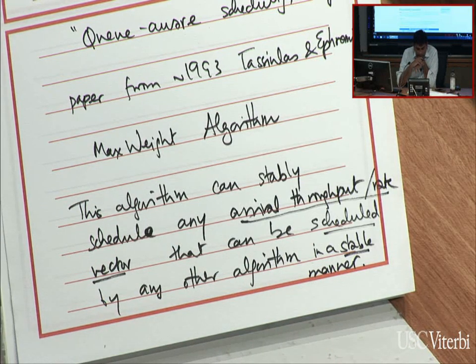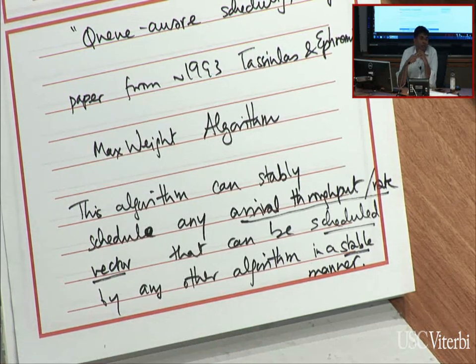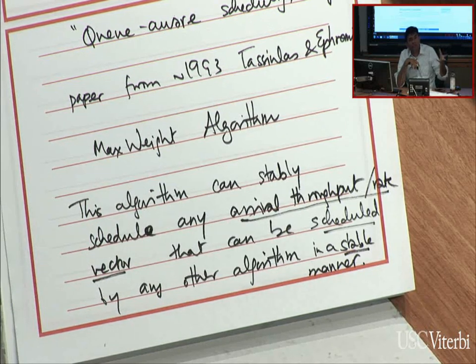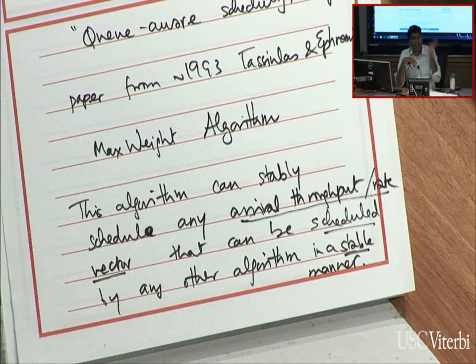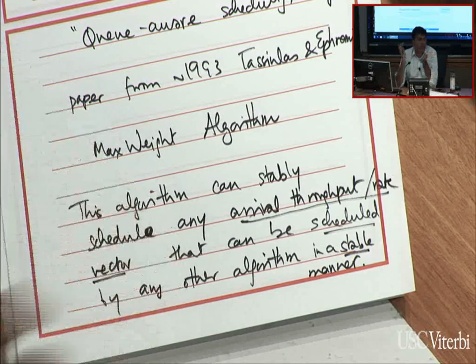And the reason their result was really powerful is that what any other algorithm could possibly do is maximize throughput. So you have a certain data rate you're trying to push through the network. Any other algorithm, the best algorithm you could find to schedule a particular amount of traffic from each of the sources and destinations in a network, it's going to find ways to move them through the network so that packets are getting where they need to go and you don't blow up or drop data from the network anywhere.